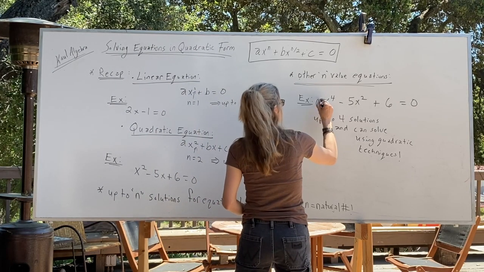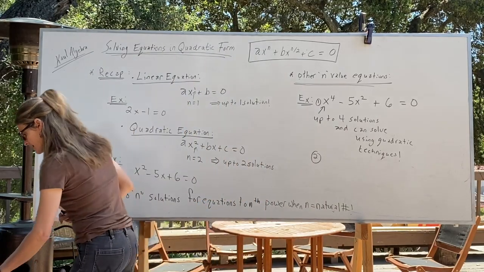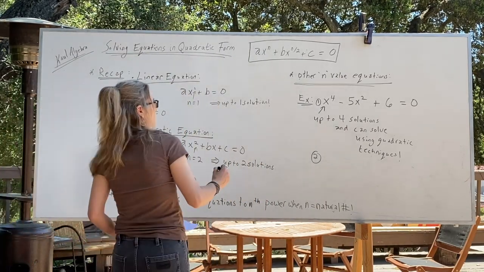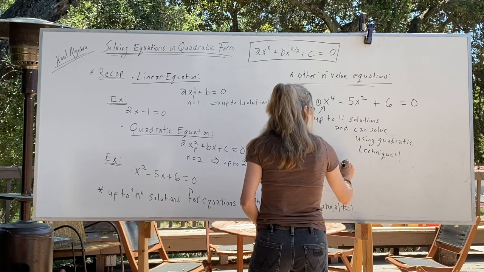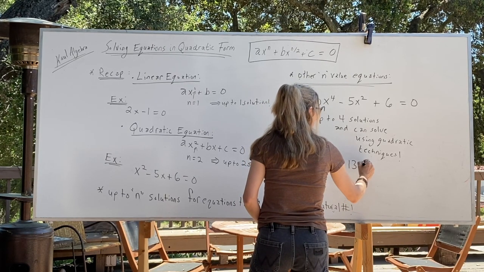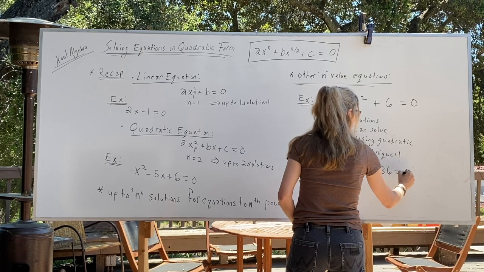So there's one example. Another example is if I had, let's say, x to the 6th minus 13x cubed plus 36 equals 0.